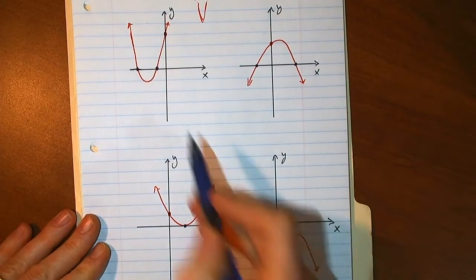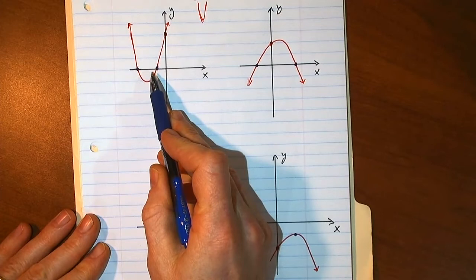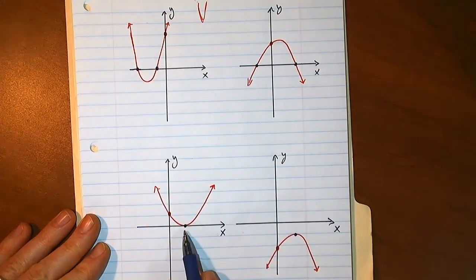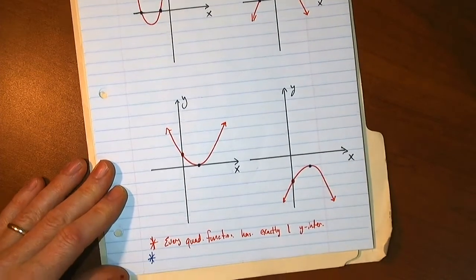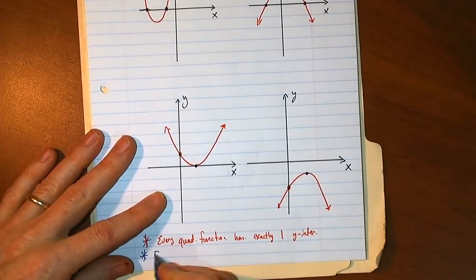So what we've got is that the most it can have is 2. It might only have 1. And there's a chance it won't have any. And so that becomes our second statement here.